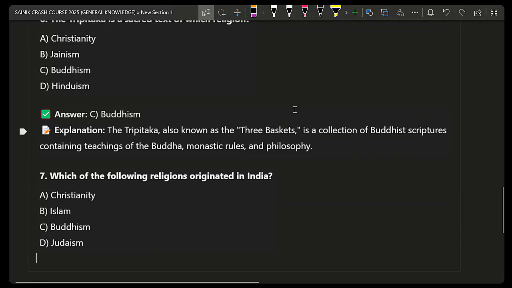Which of the following religions originated in India? Christianity, Islam, Buddhism, Judaism.